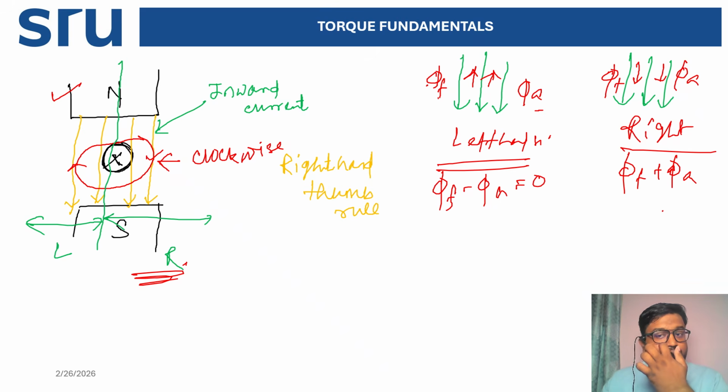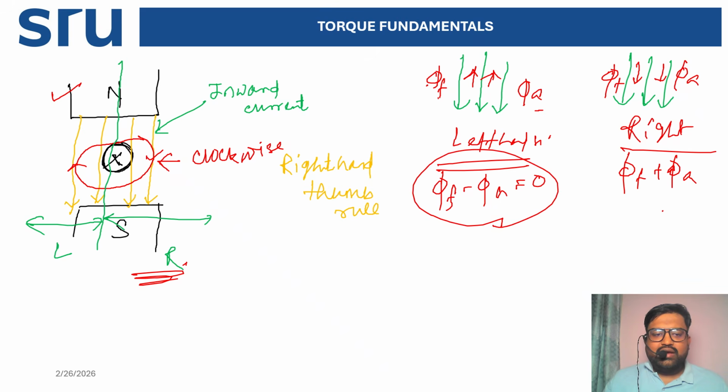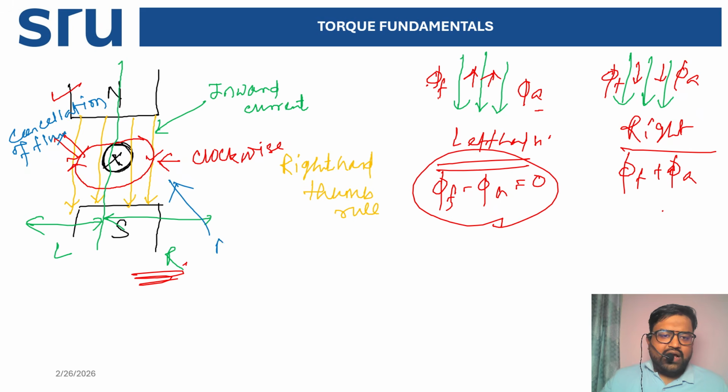If the left hand side is cancelled, the cancellation of flux occurs here, but on the right you can see the addition of flux.